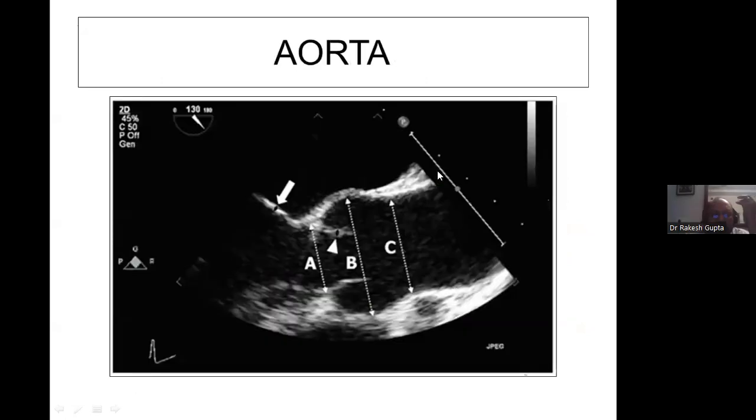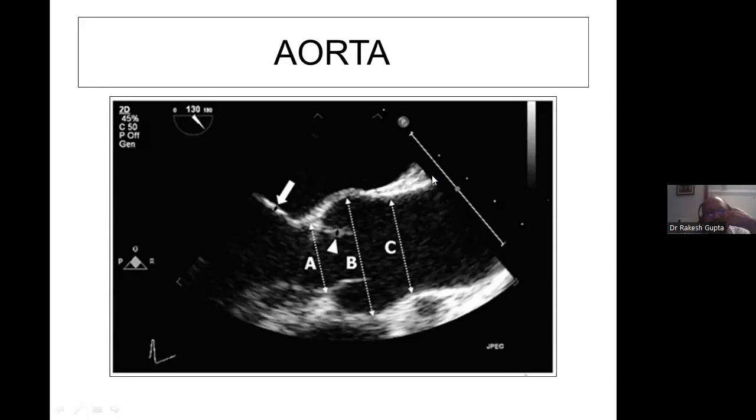The basic idea is that the RV is a crescent-shaped structure, so we cannot derive volumes in the RV in 2-dimensional echo. We need a 3-dimensional echo for the RV. So what we do is a fractional area change in the RV focused view. We come to know how much area has changed with every systolic contraction, and that gives you a rough idea of RV function.